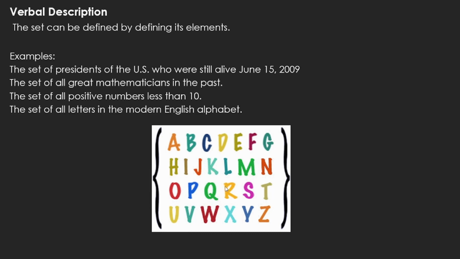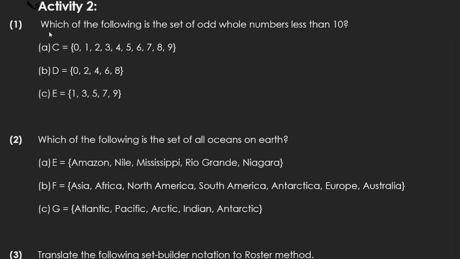Let's do some activity. Number 1. Which of the following is the set of odd whole numbers less than 10? We have three selections here, A, B, C, and let's check whether one of these is the set that describes number 1.